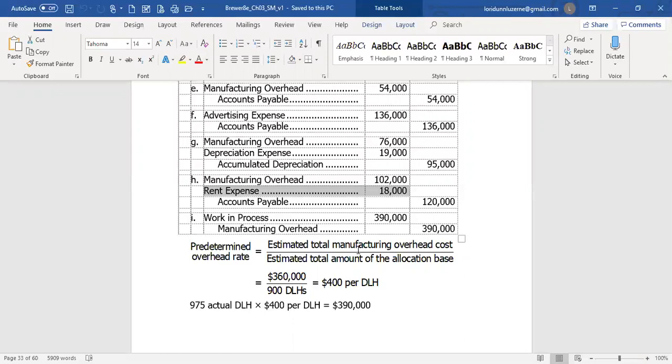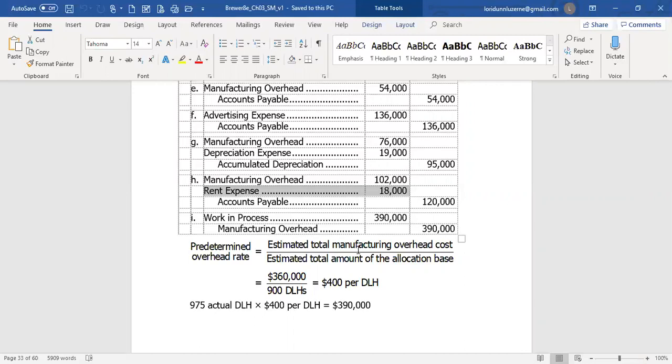Well, if you look back to Part D, how many direct labor hours were there? 975. So the application of manufacturing overhead will be take $400 per direct labor hour, our predetermined overhead rate, based on if we have 900 direct labor hours, it would be 360,000. But we had 975.